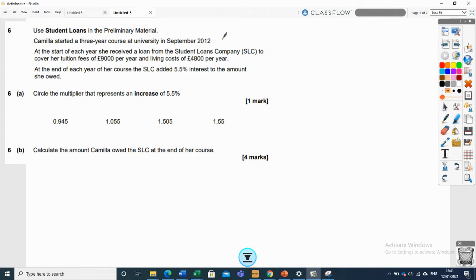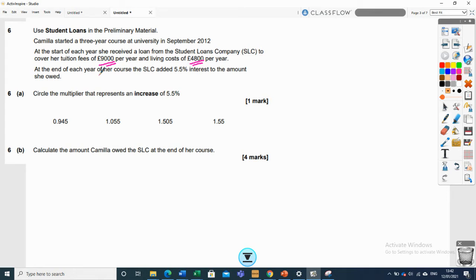Right, question number 6. This is about student loans, which is page 4 on your preliminary materials. Camilla started a 3-year course at university in September 2012. At the start of each year, she received a loan to cover her tuition fees of £9,000 per year, and then living costs of £4,800 per year.